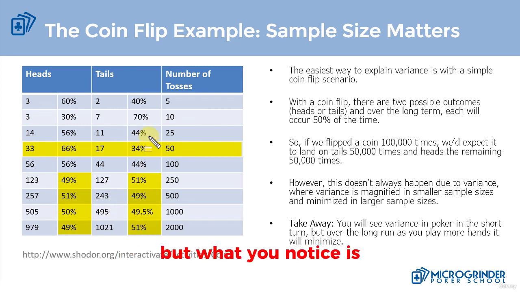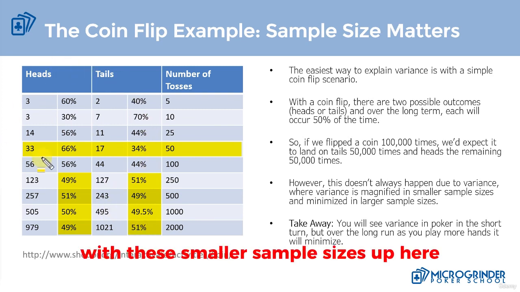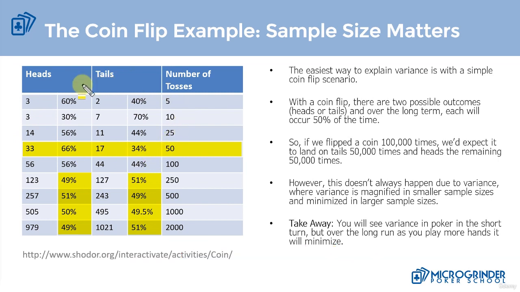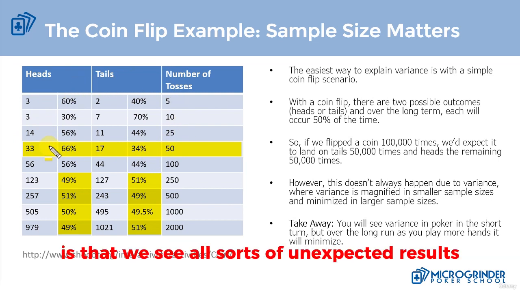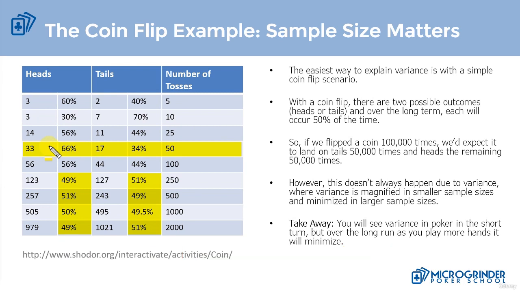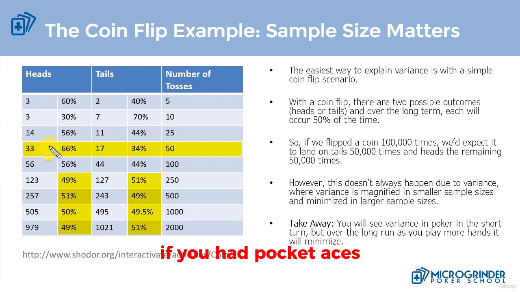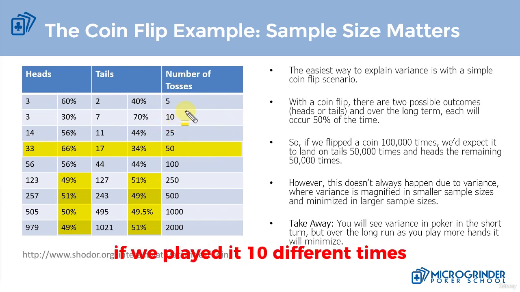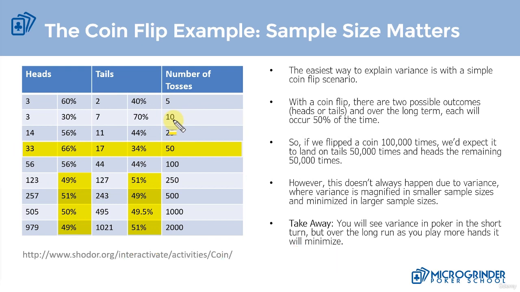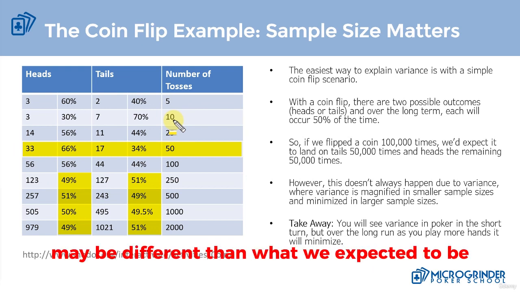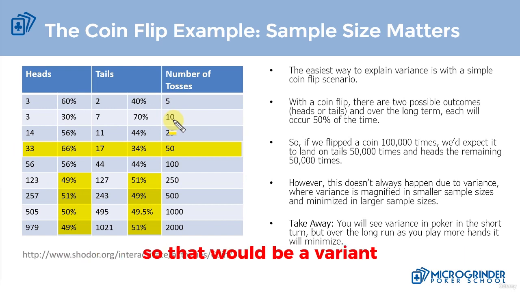But what you notice with these smaller sample sizes up here is that we see all sorts of unexpected results. And when we play poker, let's look at this from the perspective of pocket aces. If we played pocket aces 10 different times, the outcome may be different than our expected value, so that would be variance.